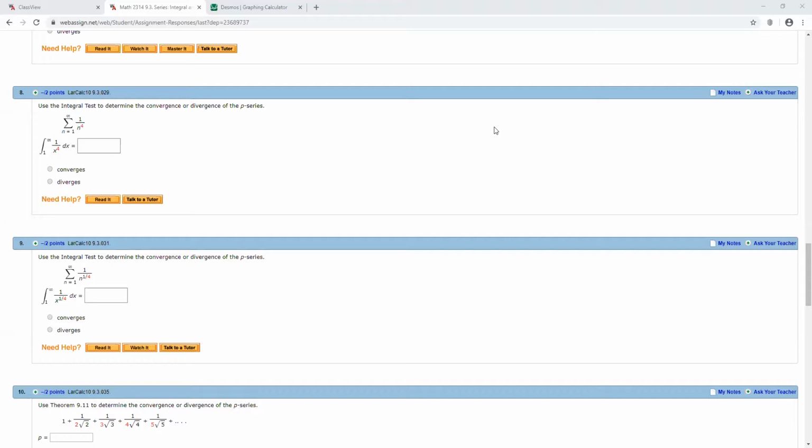And then I think it's in everyone's best interest to delay 9.4, the limit and direct comparison series test, and go to 9.5, which is the alternating series test, and 9.6, which is the ratio and root test for series. And those, especially the last two, are incredibly short. And so is 9.5, really.